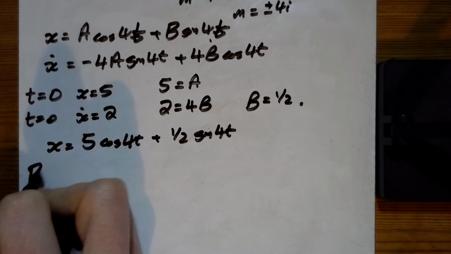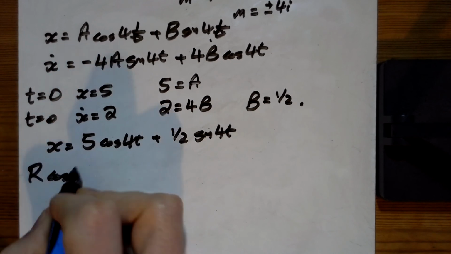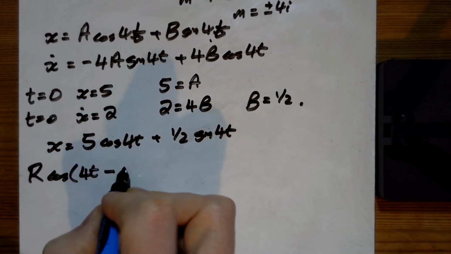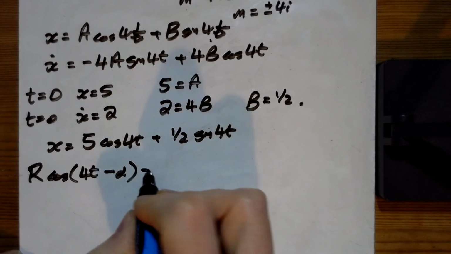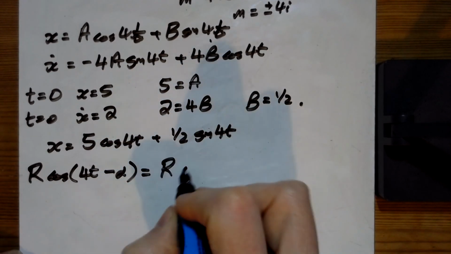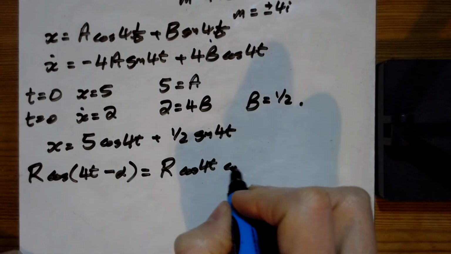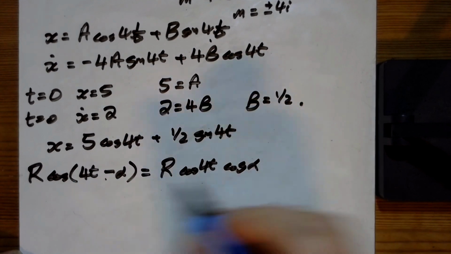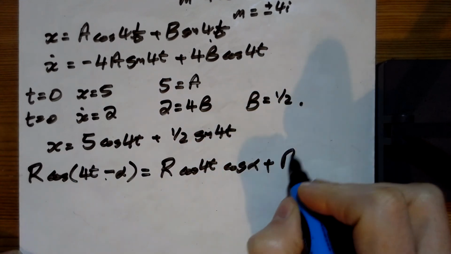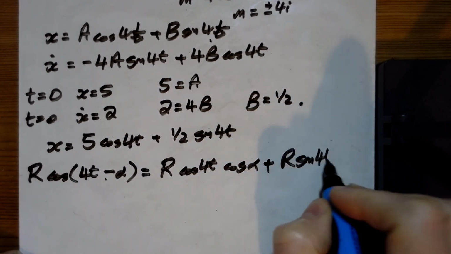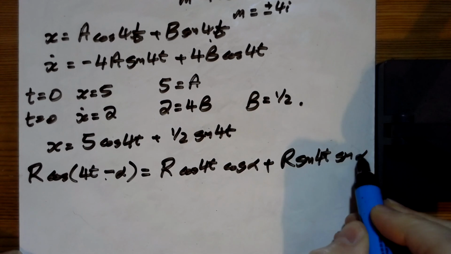I know the answers using a sine, but I'm going to do 4t minus alpha here. Expanding that gives me r cos 4t cos alpha plus r sin 4t sin alpha.